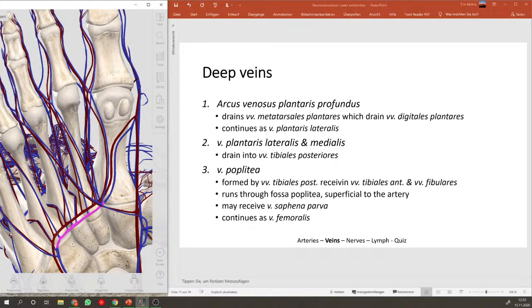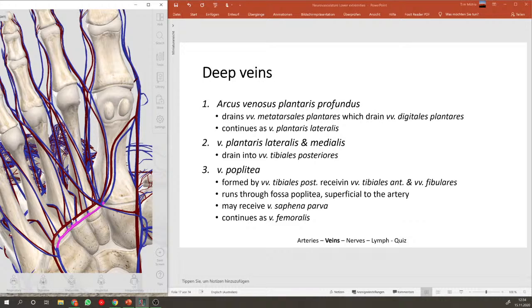And this arcus venosus plantaris profundus will drain the same vessels that also have the arteries as a branch for the deep plantar arch, if that makes sense. That was a long sentence, but basically, you remember we said the plantar metatarsal arteries are a branch of arcus profundus plantaris.